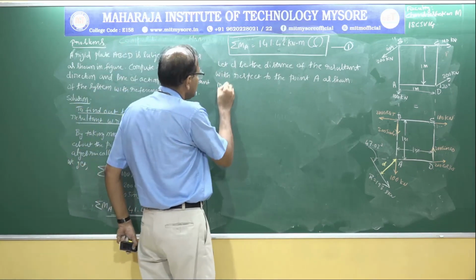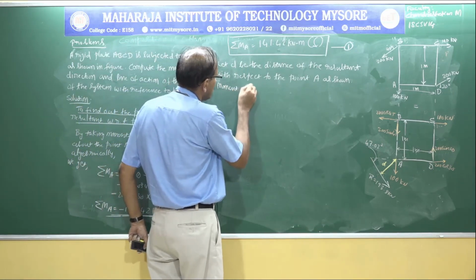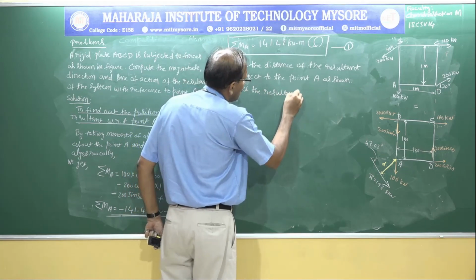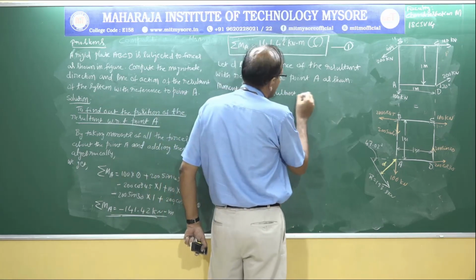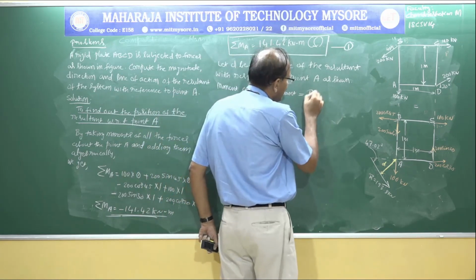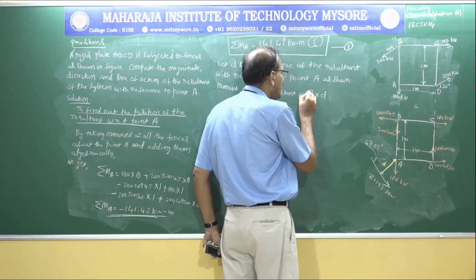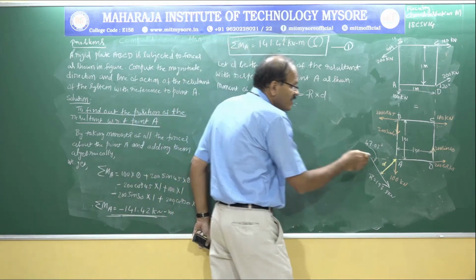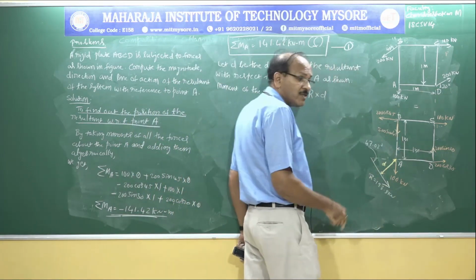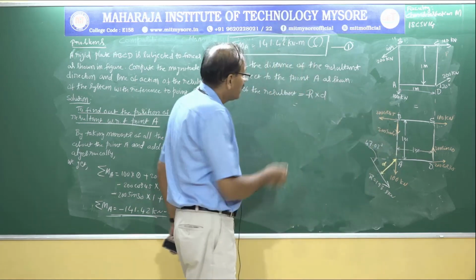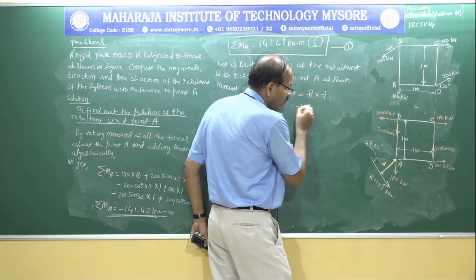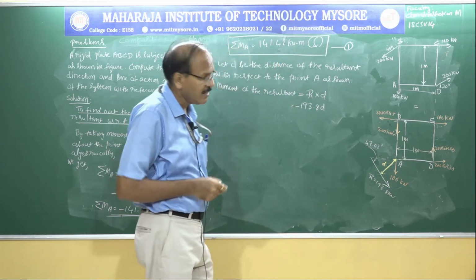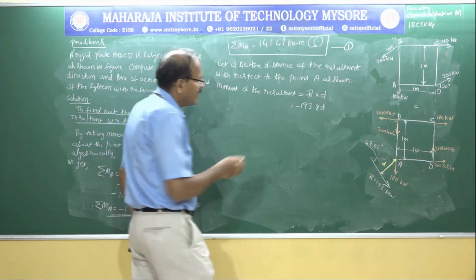So moment of the resultant equal to resulting force multiplied by D with minus sign, because it is causing anti-clockwise moment about the point A. So that is minus 193.8 D kilonewton meter is the moment.